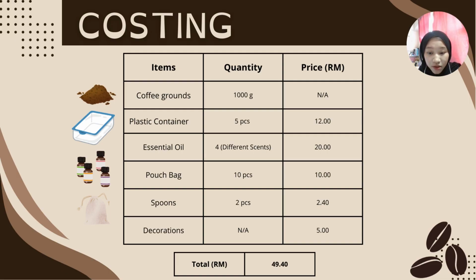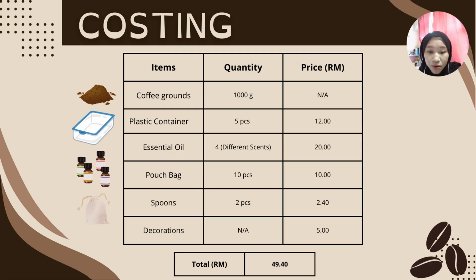The next is essential oil, which we will add into our coffee grounds to enhance the scents. We decided to do 4 different scents, which we will decide later. It costs around 20 ringgit. The next is the pouch bag, which is the option for packaging our product.